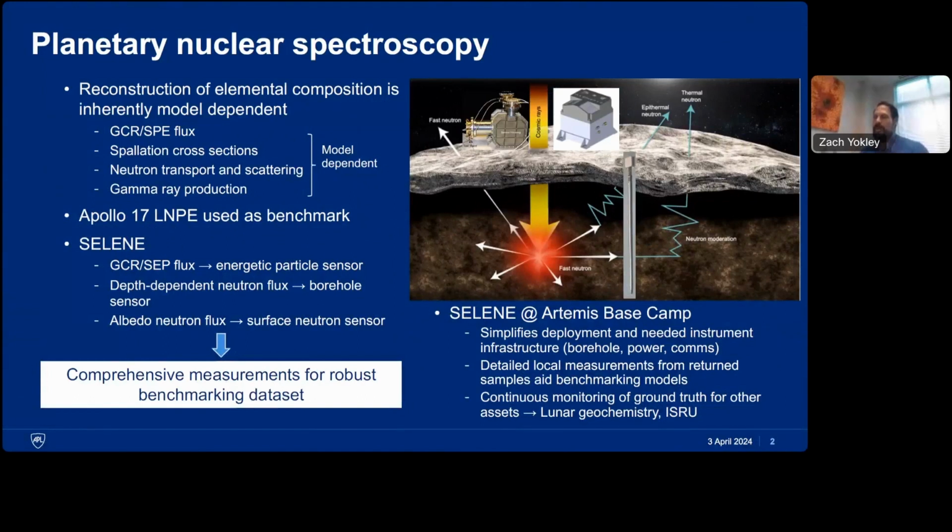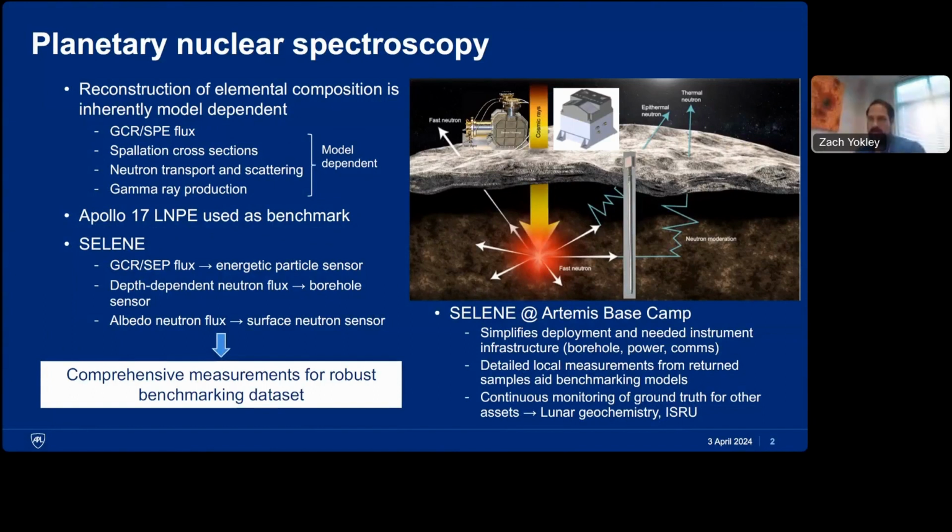So when we have an orbital asset taking these measurements, all we get are count rates. Just counts per second of a gamma ray line or counts per second of a fast neutron flux. In order to get weight percents of the elements that we want, we have to do some modeling, and we have to know what the flux is, what the spallation cross-sections are. We have to do the neutron transport and scattering, and have to do the gamma ray production.